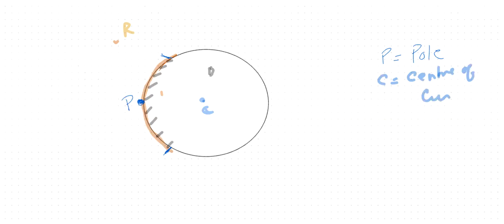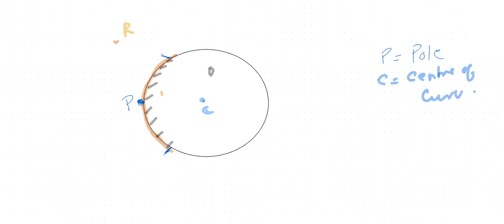Now, let's say there is an imaginary line going between the pole and the center of curvature. Let's draw it here, in a little darker color.